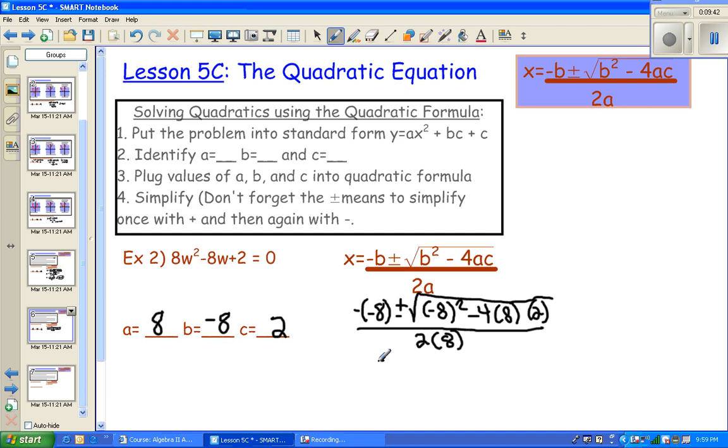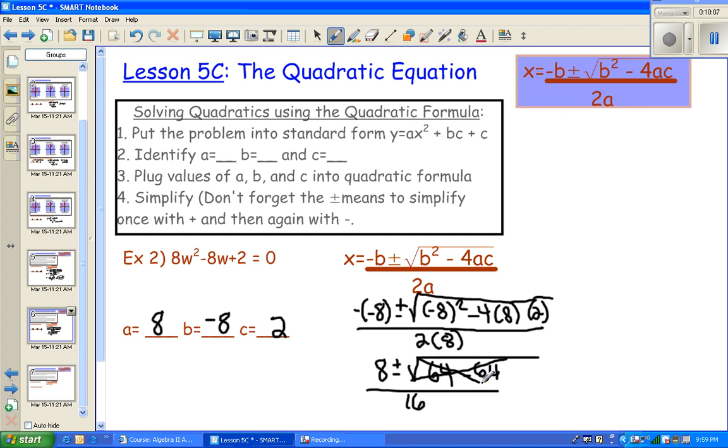So -8 gives you a +8, plus or minus. -8 squared is 64. 4 times 8 times 2 is actually also 64, over 2 times 8 is 16. And 64 minus 64 is 0.